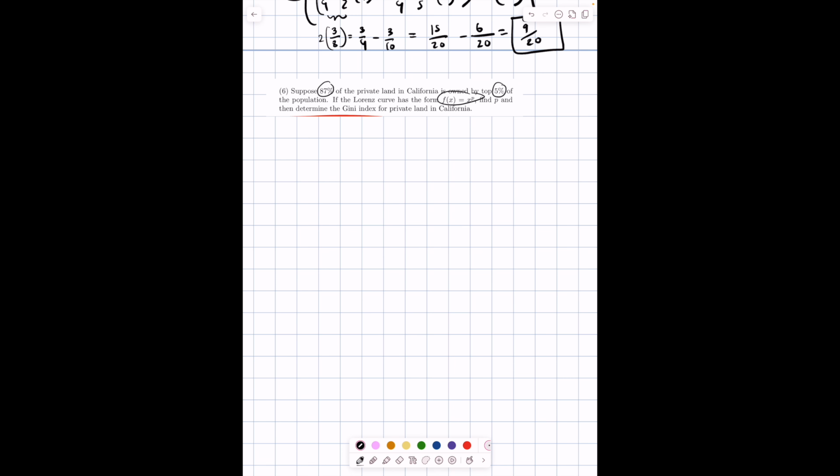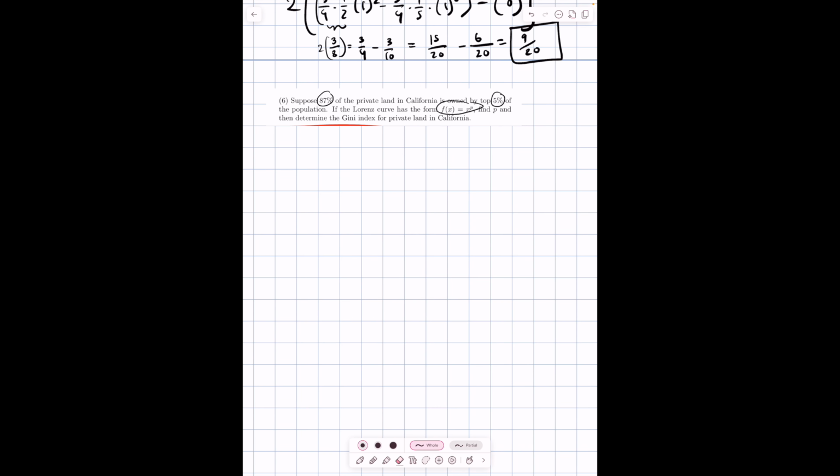So we need to say that 87% of the private land is owned by the top 5%. So it's an equation like this.